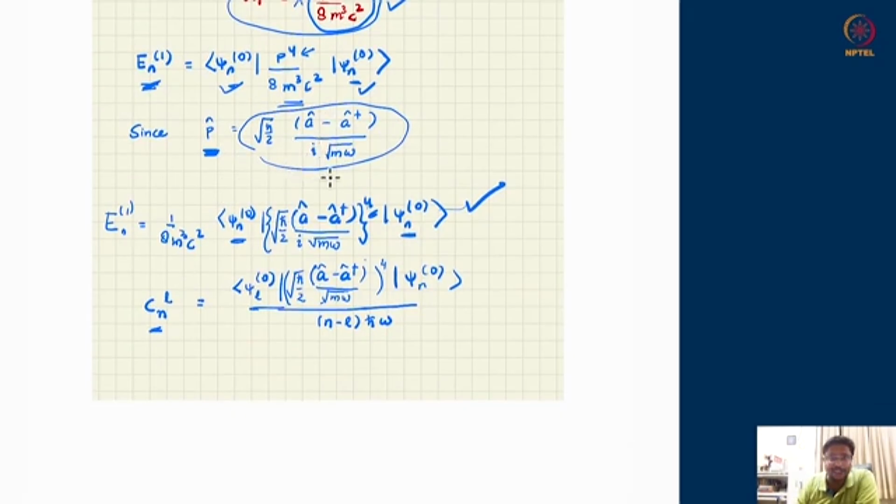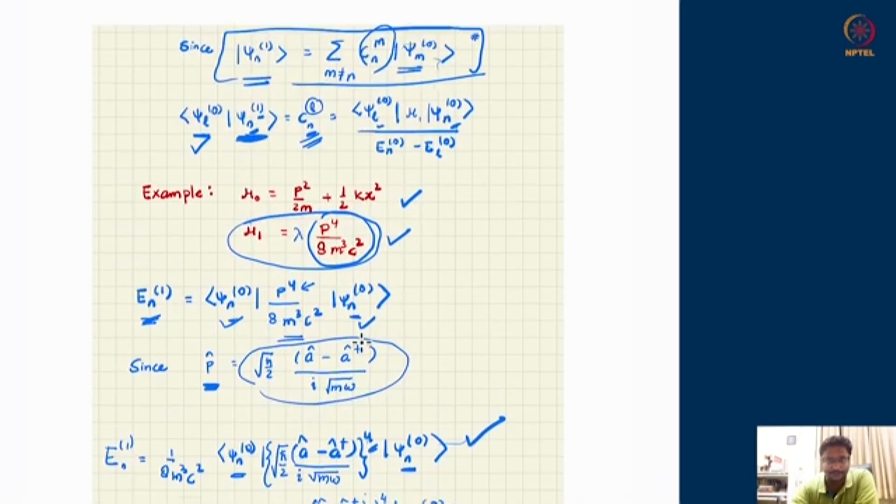I have to take this operator, which is the fourth power of momentum upon 8 m cubed c squared, and squeeze it between psi n0 from the right hand side and psi l0 from the left hand side, and divide it by the energy difference of the unperturbed system.